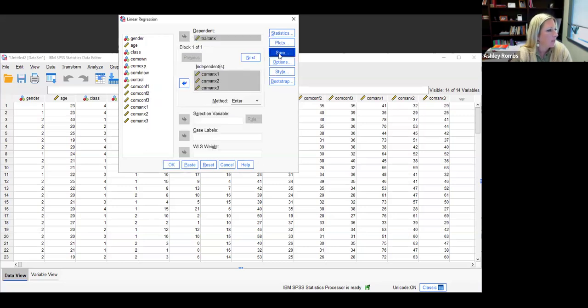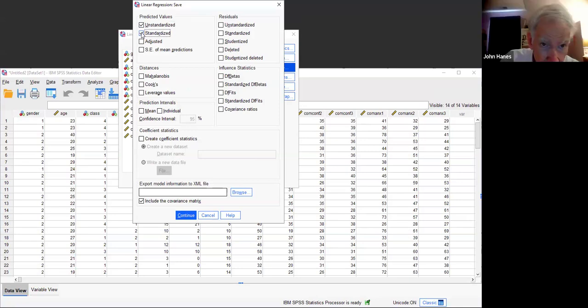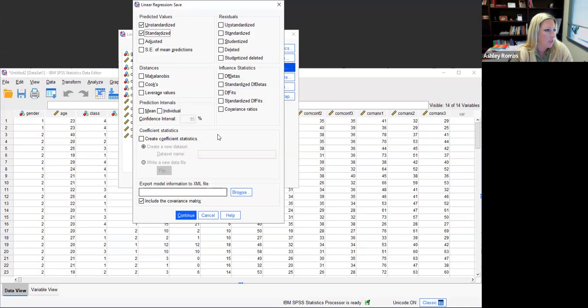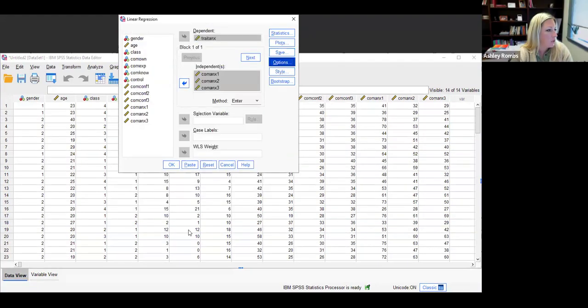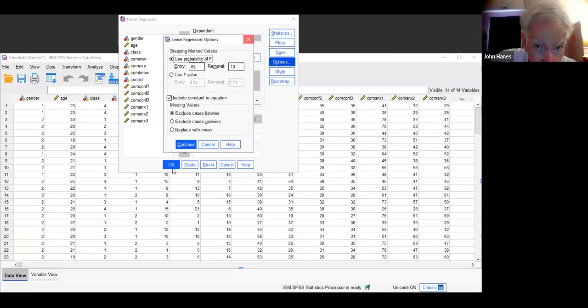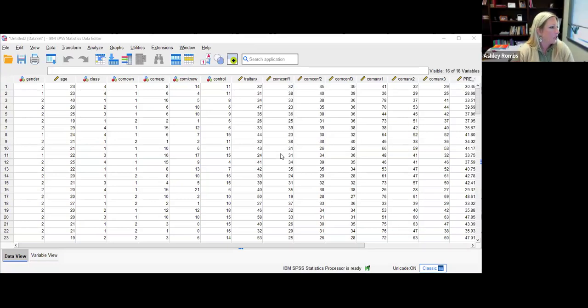And then for the predicted values, I'm going to do unstandardized and standardized. It doesn't say to click anything else here. This is what I did earlier, but do you think I should click anything else? I can't remember exactly what I did, but let's see what we get. And so I check it.